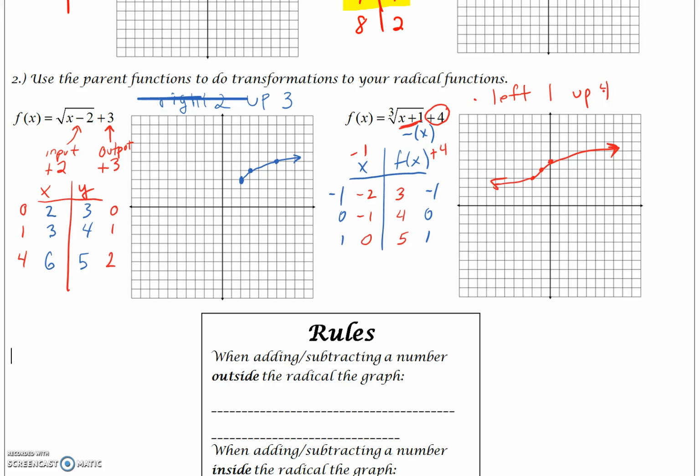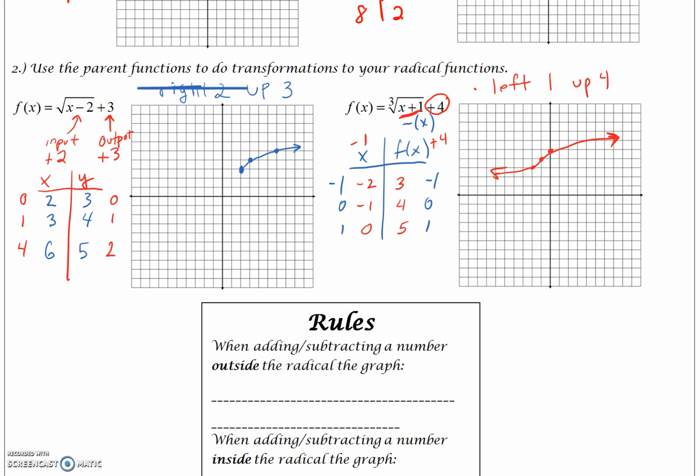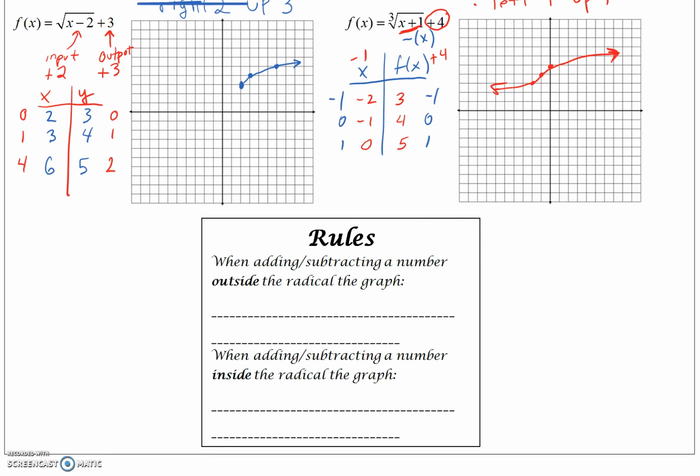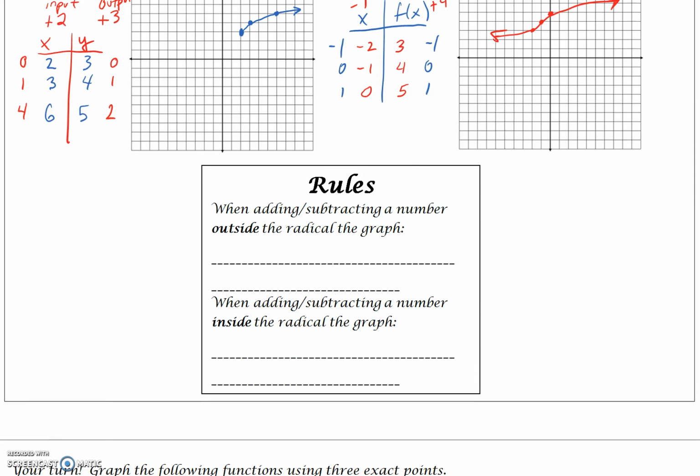the parent function. So in general now, when we look at the rules, which we have summed up in first semester, but now we're looking through a lens of square roots and cube roots.